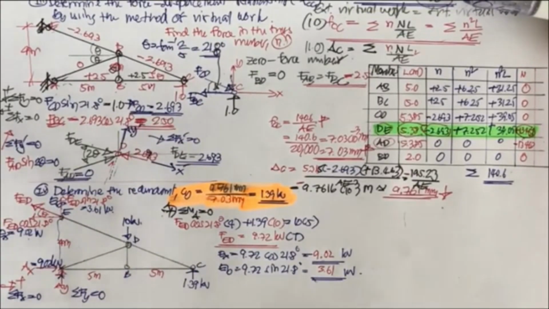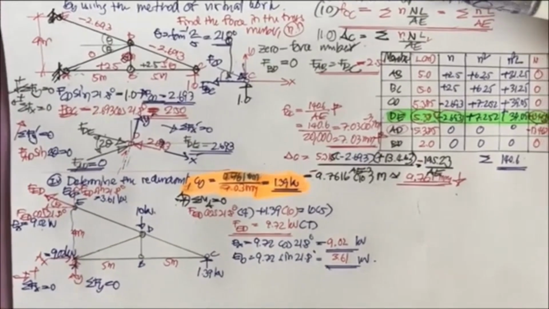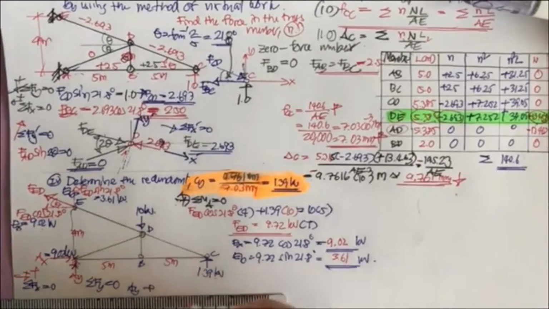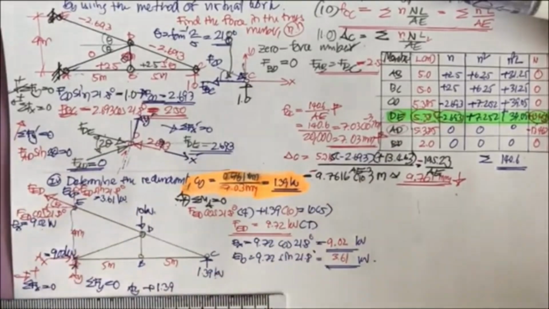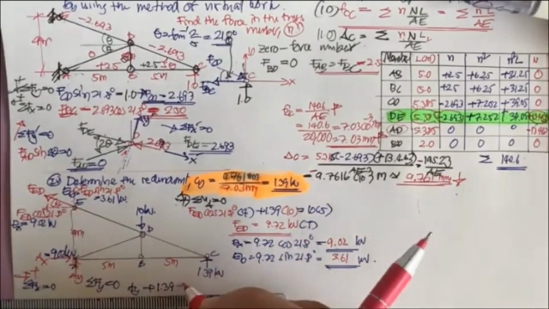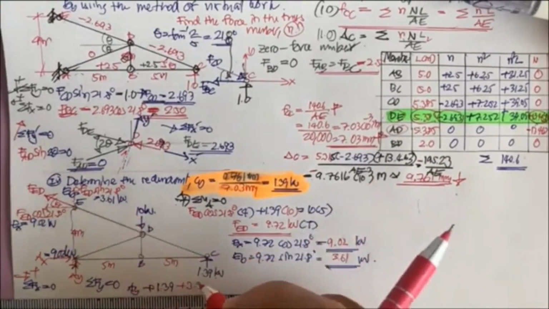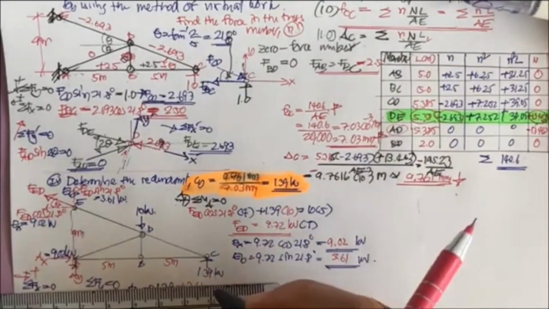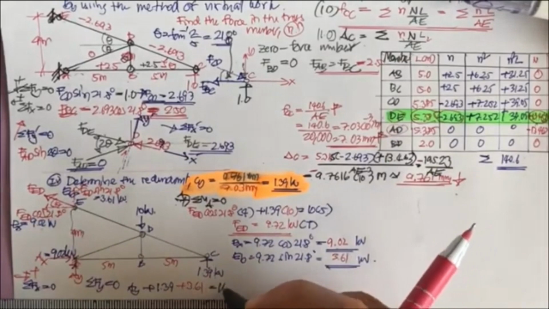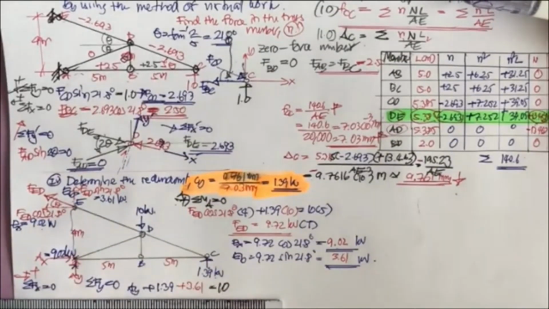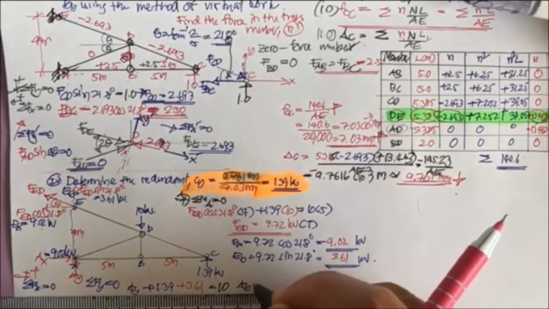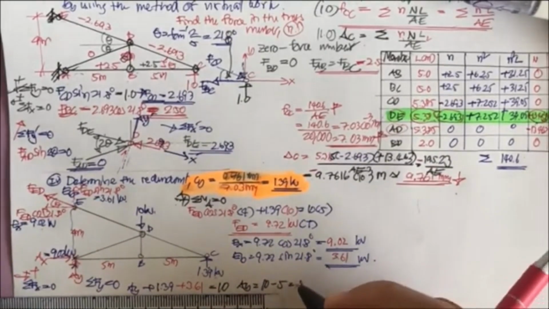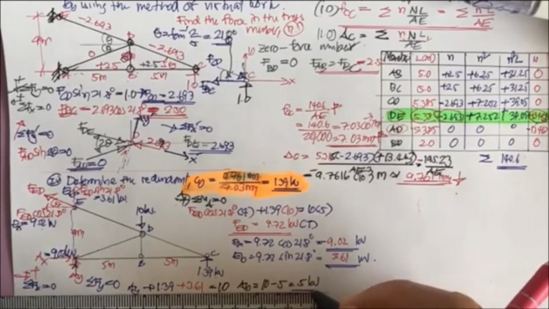What you get is A sub y plus 1.39, plus 3.61, and this one is downward, equal to 10. And your A sub y is going to be 10 minus 5. That is going to be 5 kilonewton.